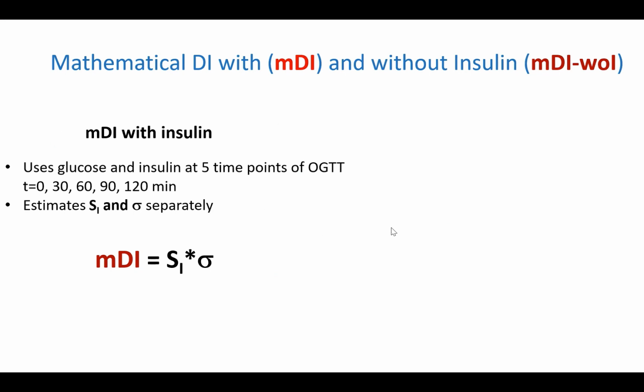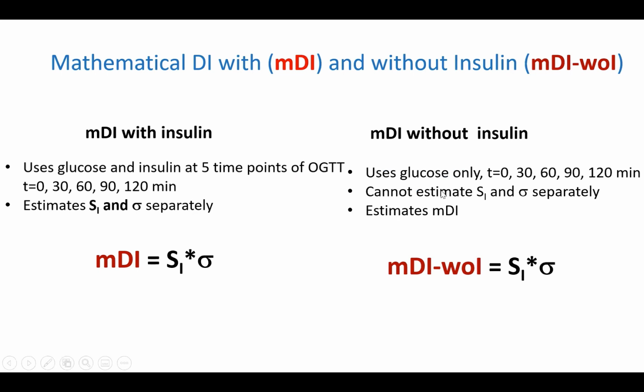Now we can estimate MDI without insulin. We need only glucose at time 0, 30, 60, 90, and 120 minutes. We cannot estimate SI and sigma separately. However, we can estimate MDI. So we define the MDI without insulin.